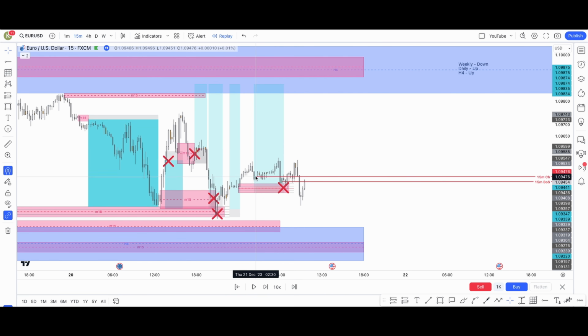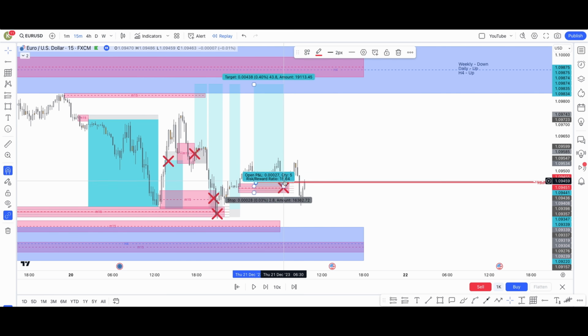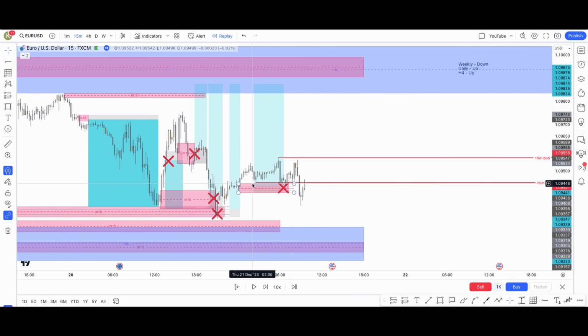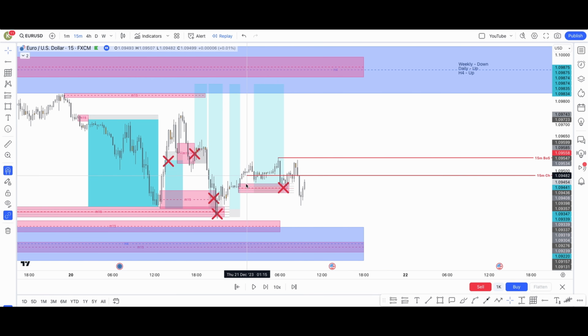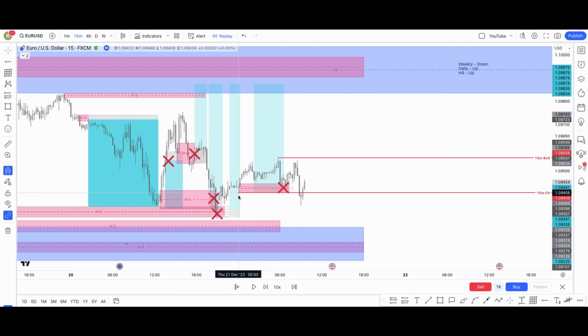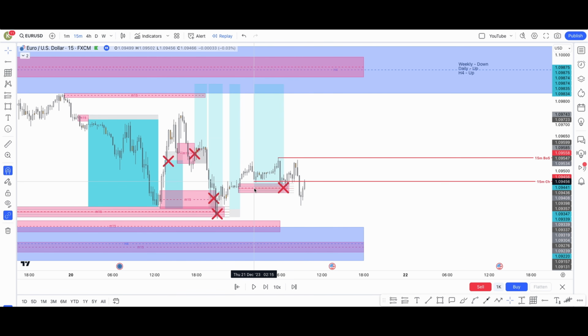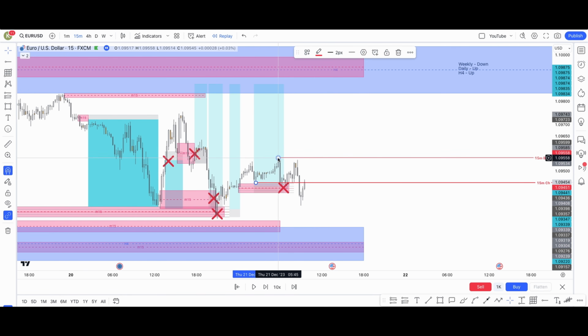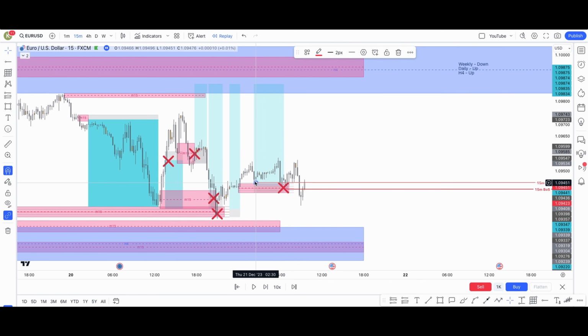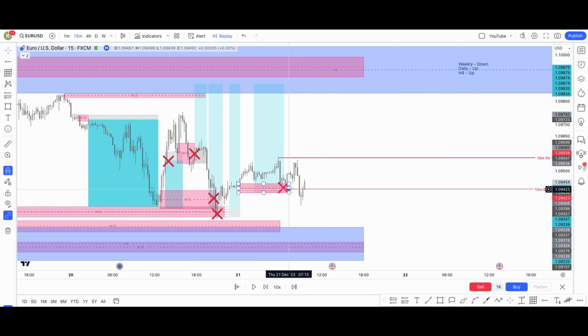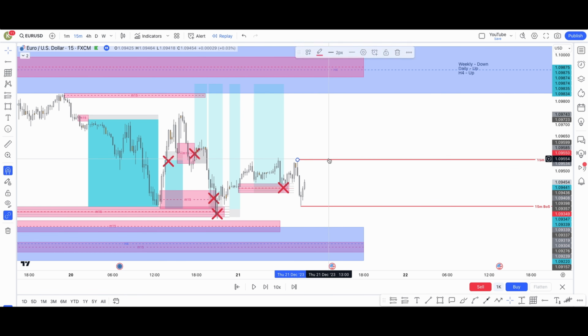So let me sort this out. So that was BOS. So that was a previous CHoCH. No, that was CHoCH, BOS. CHoCH, and then we BOS down, therefore go to the highest point. Then we broke down again, so BOS, CHoCH.